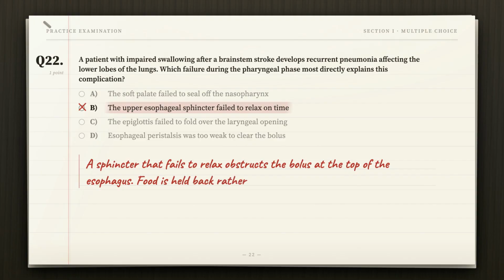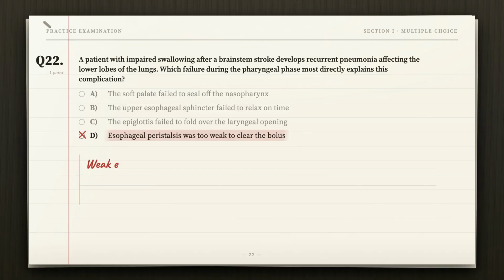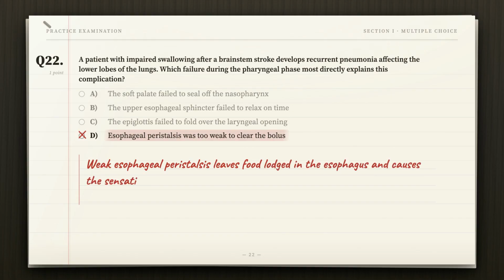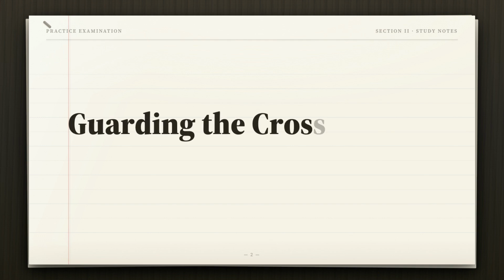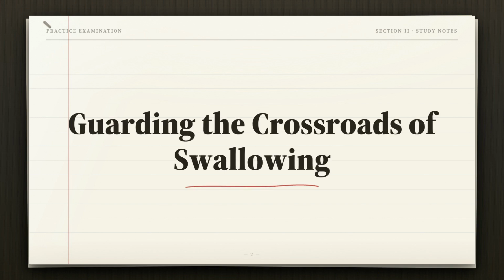Food is held back rather than diverted into the airway. D is wrong because weak esophageal peristalsis leaves food lodged in the esophagus and causes the sensation of food sticking. The airway has already been sealed by that point in the sequence. In the pharynx, the paths for food and air actually cross each other, meeting in the oropharynx.